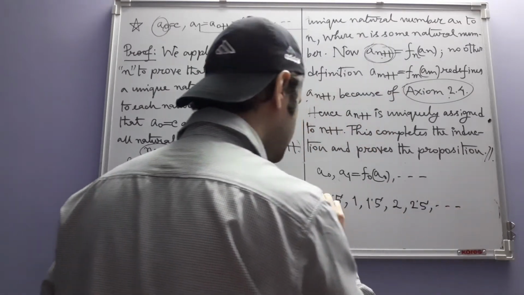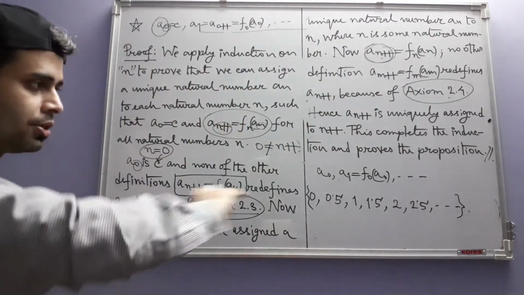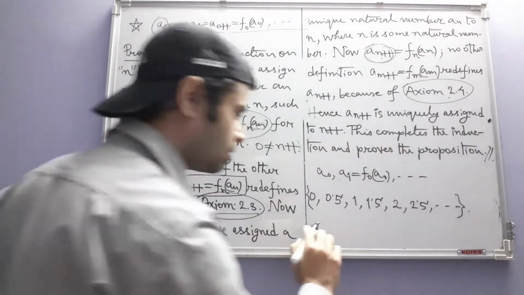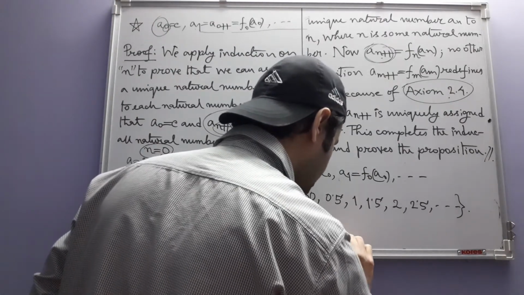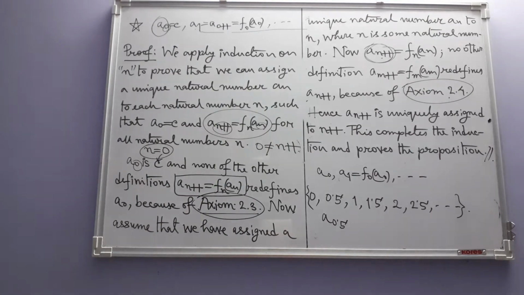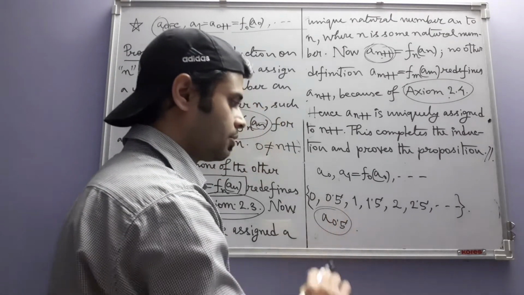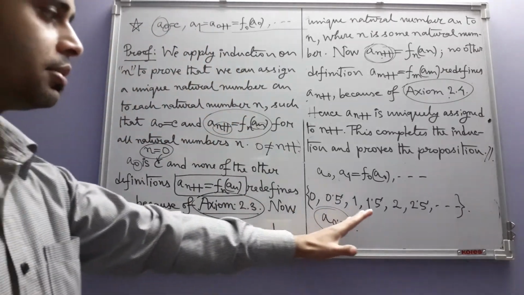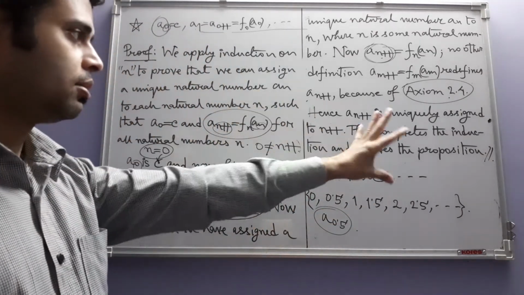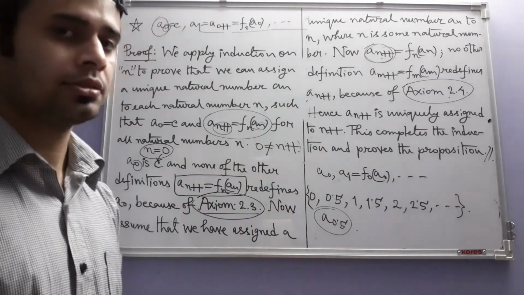In such a system, if I apply my principle of recursive definition, terms like A of 0.5 will never be defined. That's why the principle of recursive definition applies only to sequences, not things like this.